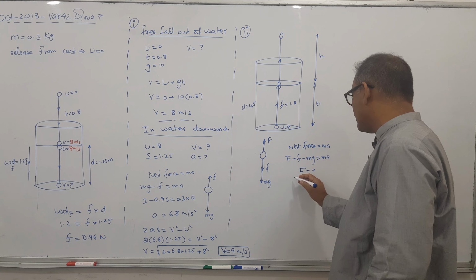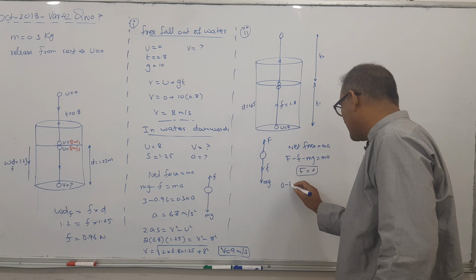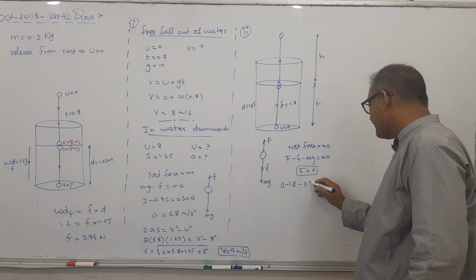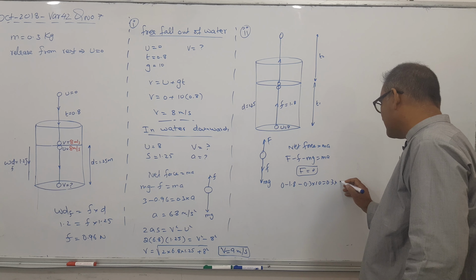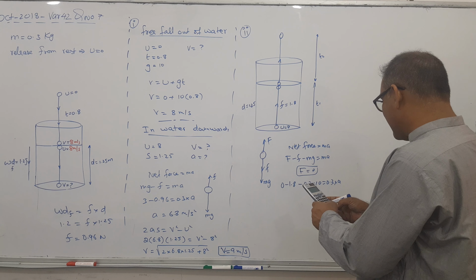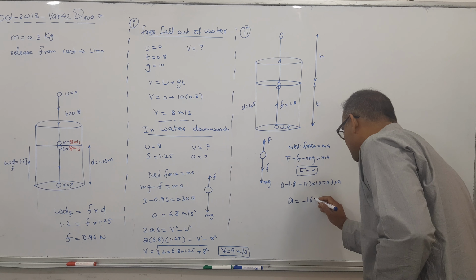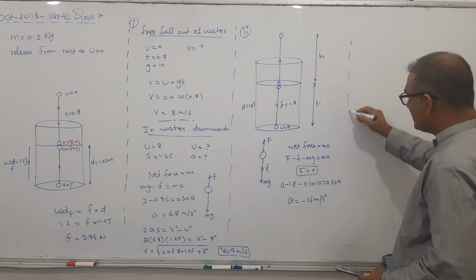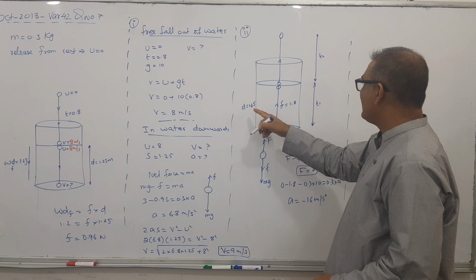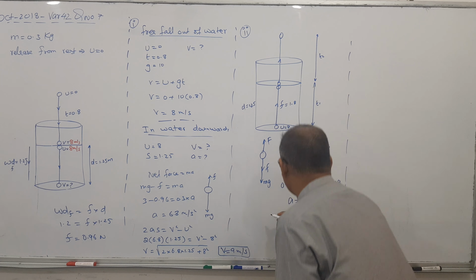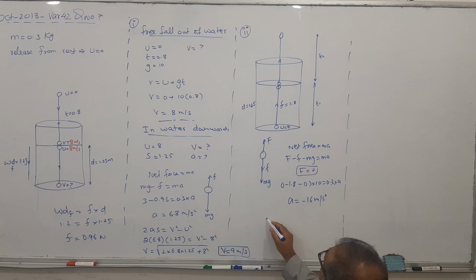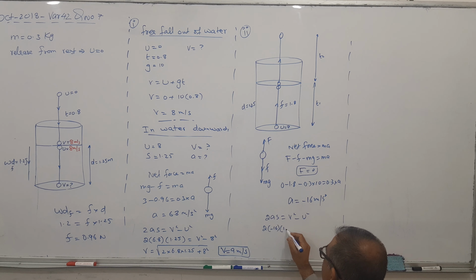So negative 1.8 negative 3, divided by 0.3, comes to negative 16 meters per second squared, so it is decelerating. Now 2as equals v squared minus u squared, with a as negative 16, s as 1.25, and u as 7.